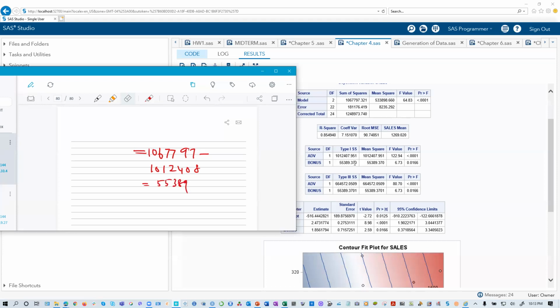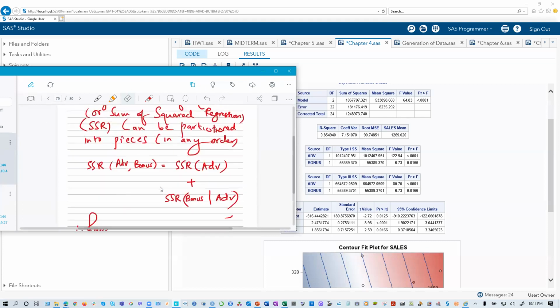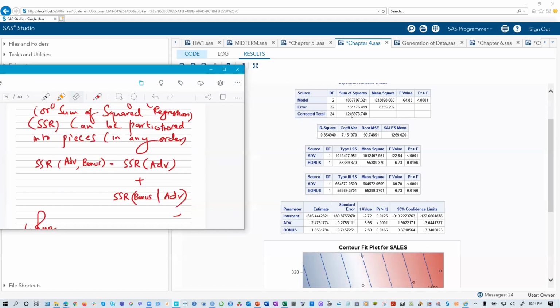And on the other hand, if you add these two, that will be the same as the sum of squares regression you run from this table, not this table. If you add these two, it is the same as this one.